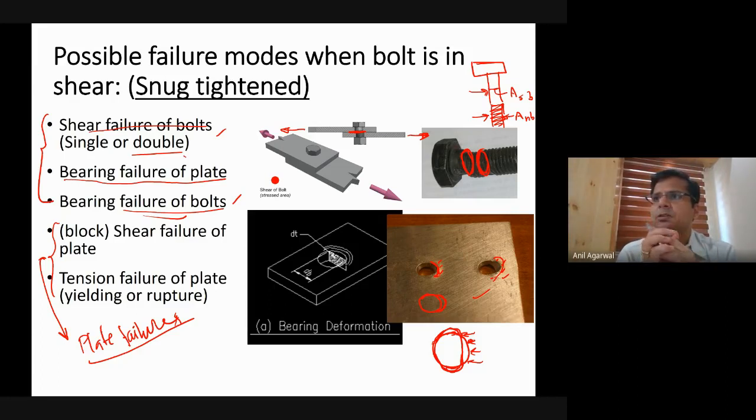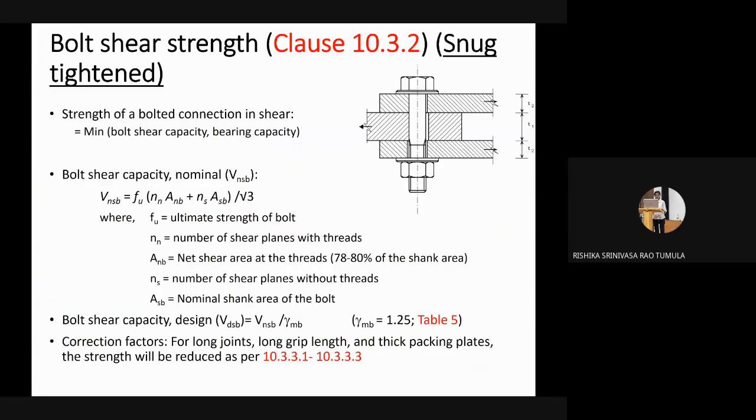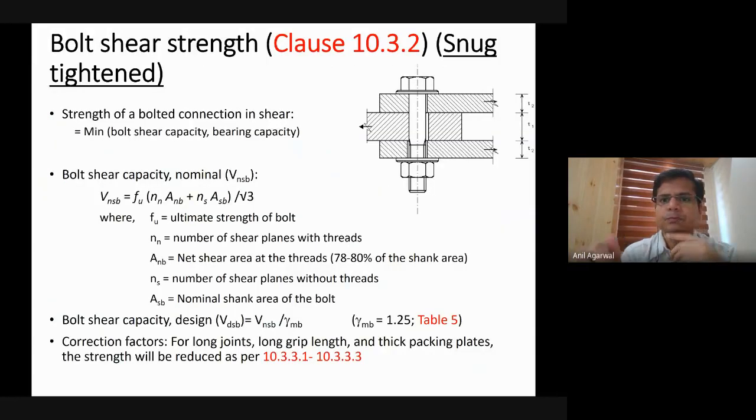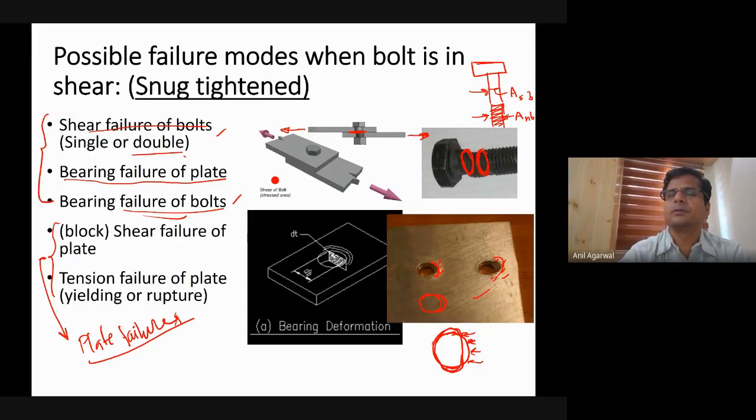which type of limit state do we use? From tension member, you may remember there were two limit states: limit state of yielding and limit state of, what is the other one? Yielding and rupture. Very good. So which one would be applicable here?